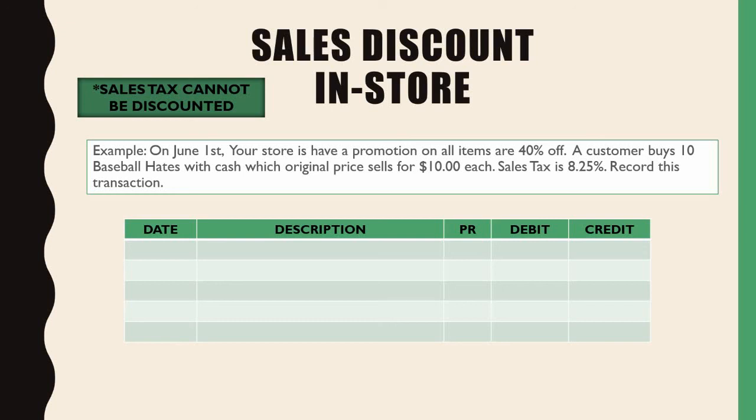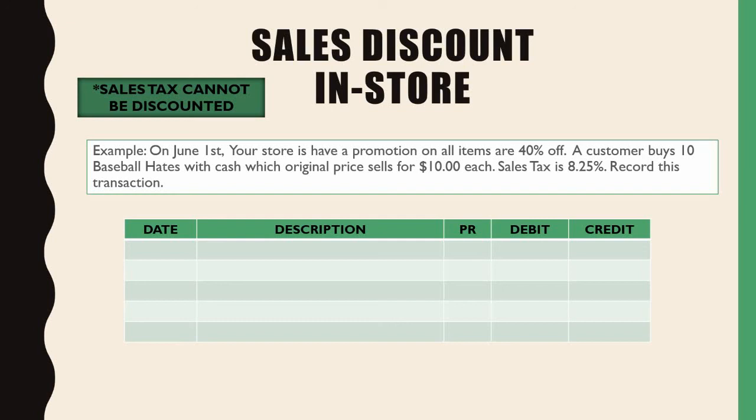So example number 1, June 1st. Your store is having a promotional sale. All items are 40% off. Most stores often do that, right?